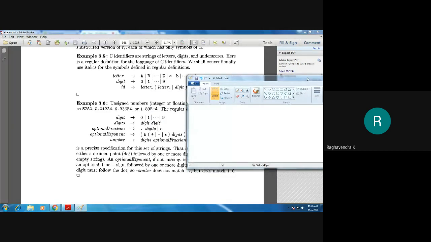First of all, what should be there to write? For example, if I take 5280, what is it made up of? It is made up of individual digits, which is nothing but 0 to 9.